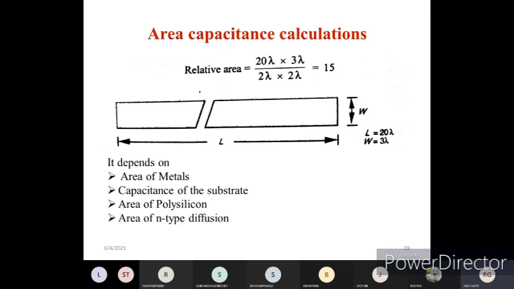Okay, and along with this we need to measure some more important parameters when you measure the area capacitance.